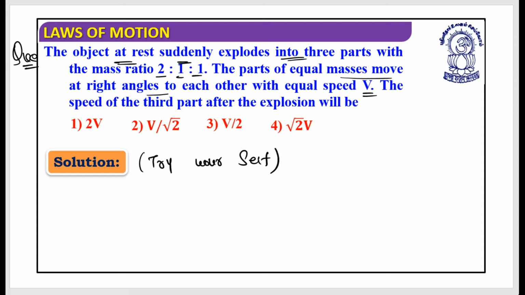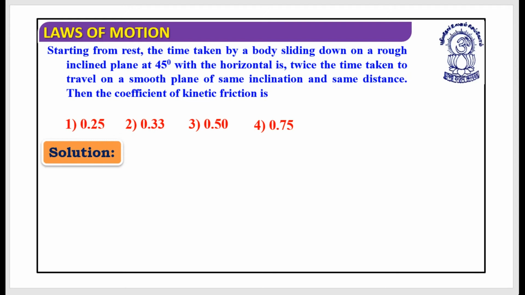Let's work on the next question. It says that, starting from rest, the time taken by a body sliding down a rough inclined plane at 45 degrees with the horizontal is twice the time taken to travel on a smooth plane of the same inclination and the same distance.